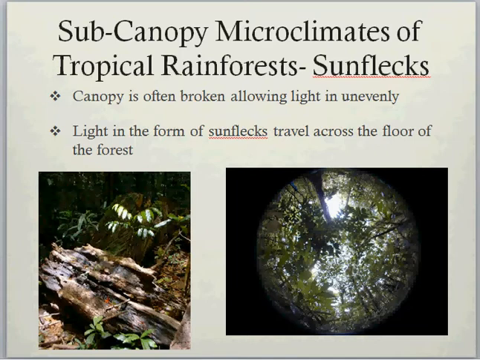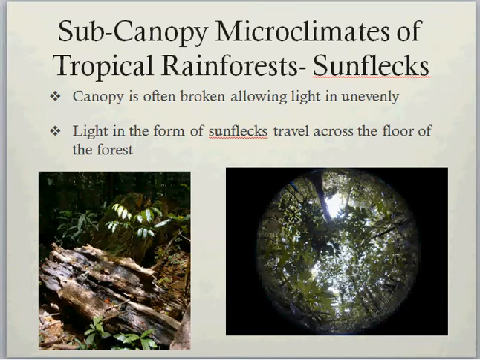The canopy is broken up, and there are small, what are known as micro gaps in the intact canopy. Also, light will reflect and deflect off the leaves of the trees and also off the trunks of trees to give more diffuse light to the forest floor.